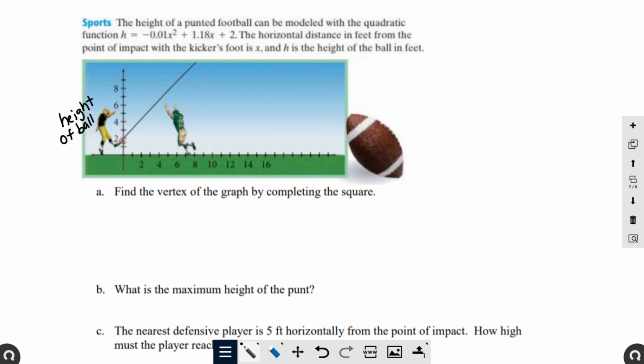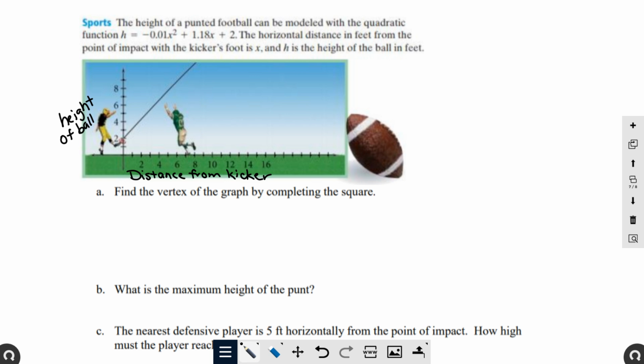And then it told us that X was that horizontal distance from the kicker's foot. So this is distance from the kicker. Sometimes it's a great idea to label those XY axes so that way you know what they mean later on in the problem.